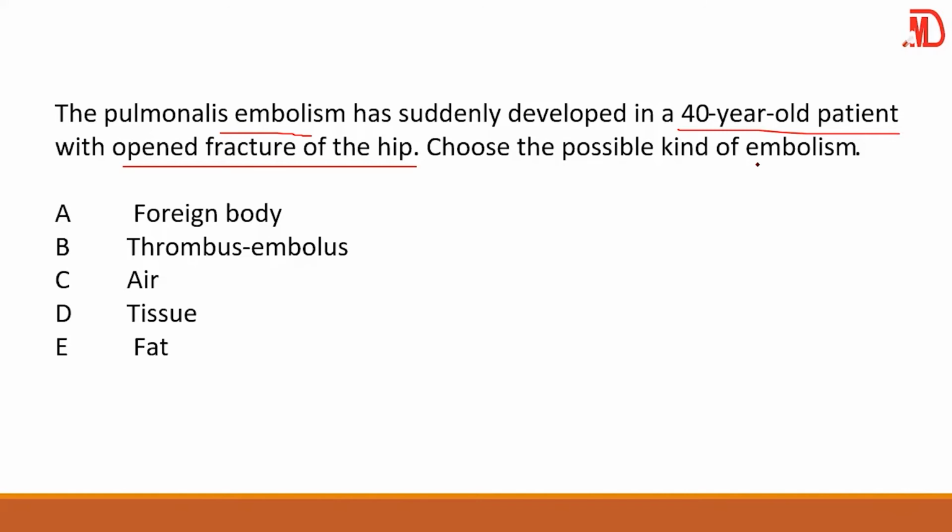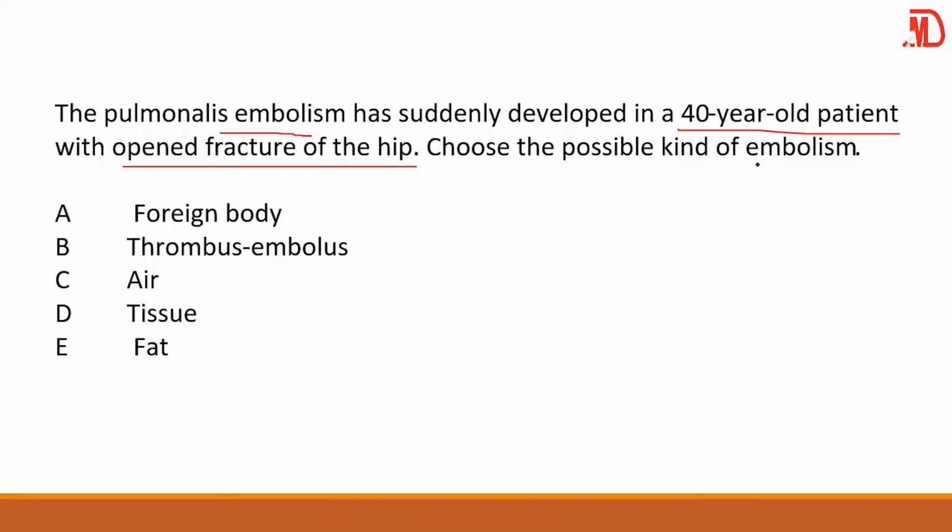That is just it. It can be a foreign body, air, tissue, fat, and so on. People who come with deep vein injury or inflammation of the deep vein in the lower extremities normally develop a clot or thromboembolism.